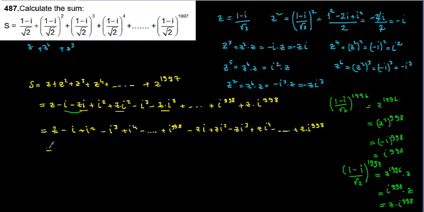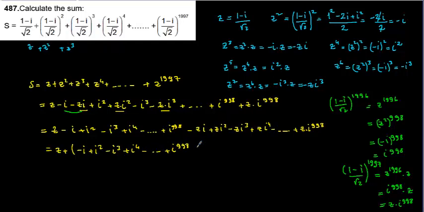Then, as I told you, I'm going to group these terms. If you write it with plus, the signs are going to be the same. That's why I'm going to get minus i plus i squared minus i cubed plus i to the power of 4, and it's going to continue like this, up to plus i to the power of 998.